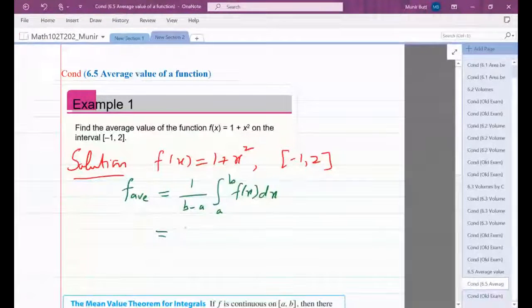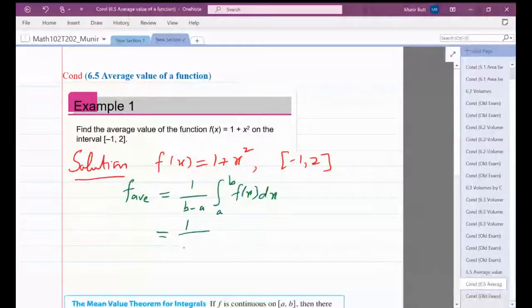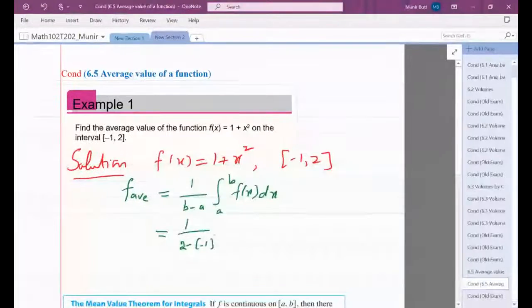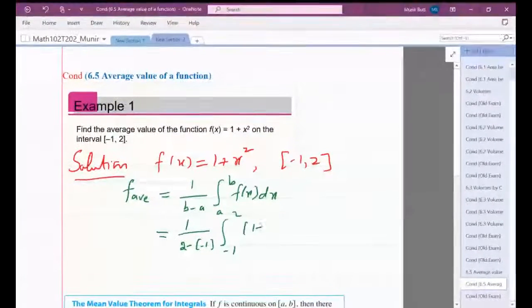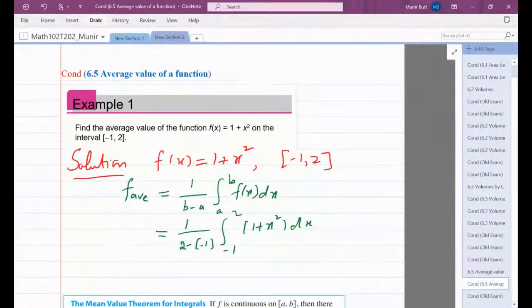So clearly this will be equal to 1 over 2 minus -1, times the integral from -1 to 2 of 1 plus x squared dx.